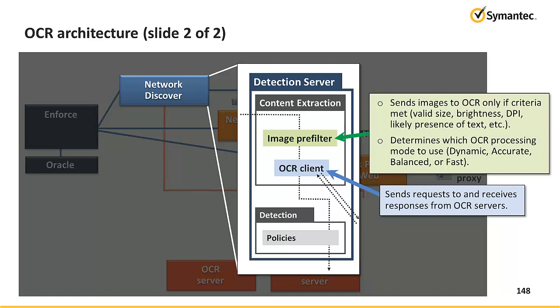One of these components is the image pre-filter, whose purpose is to automatically and intelligently analyze images to see if they are suitable for OCR, and if so, to recommend the most efficient OCR processing mode, whether dynamic, accurate, balanced, or fast, for each image. This helps ensure that the OCR process is as fast and efficient as possible. Another component is the OCR client, which sends requests to and receives responses from the OCR server or servers.